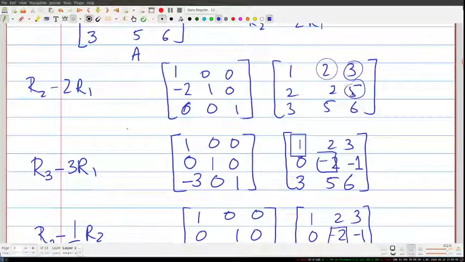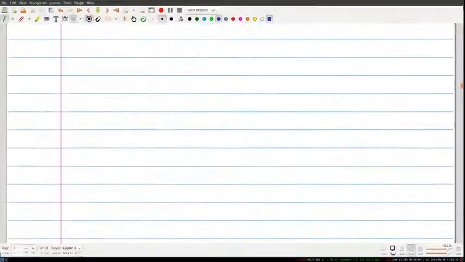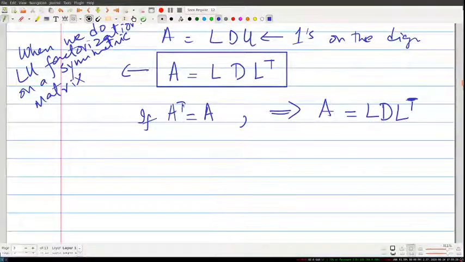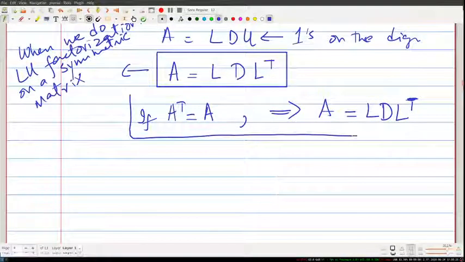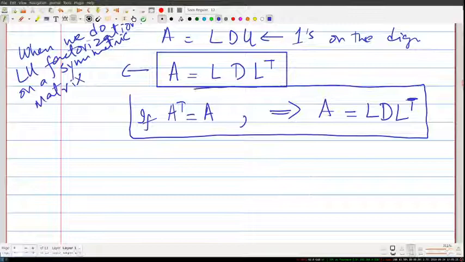At the end, I can figure out these entries myself. I just need to keep track of the diagonal and of the lower triangular matrix. So if you just do LU factorization on this, that's all you need to do. This is a nice little property that we get when we do LU factorization on a symmetric matrix.